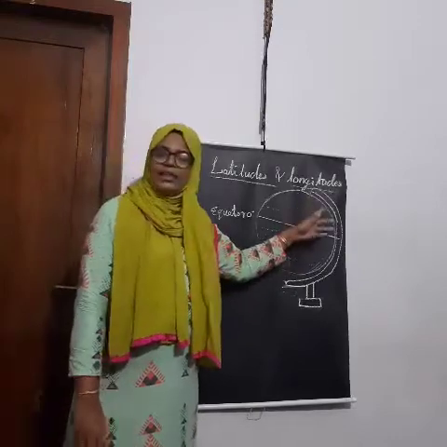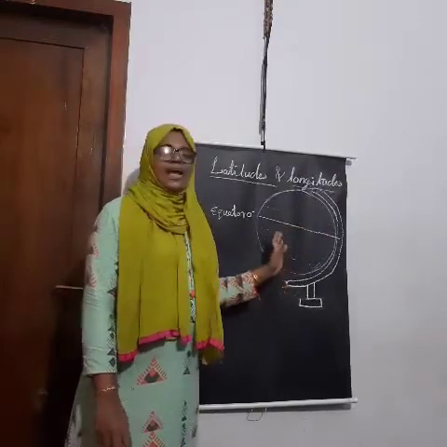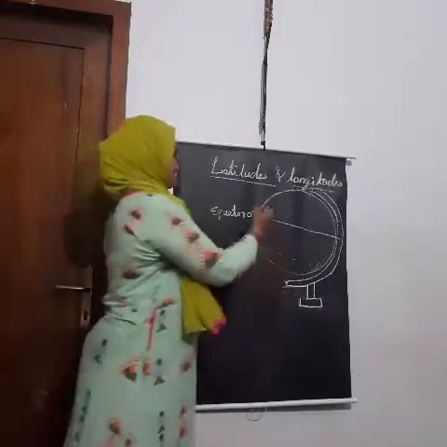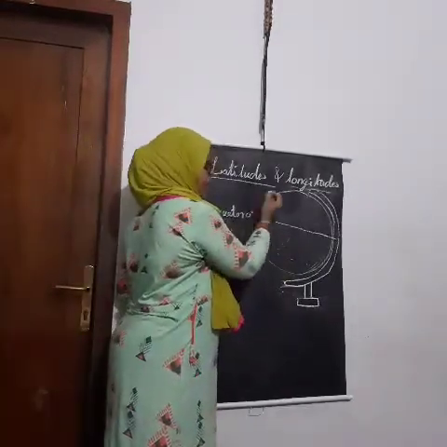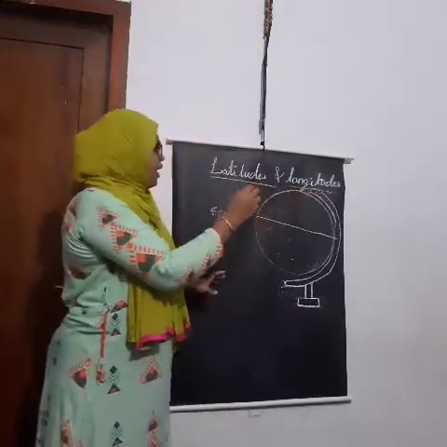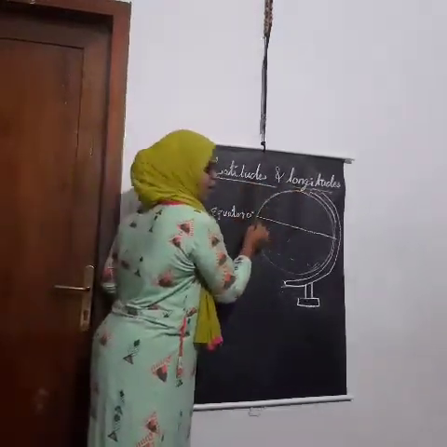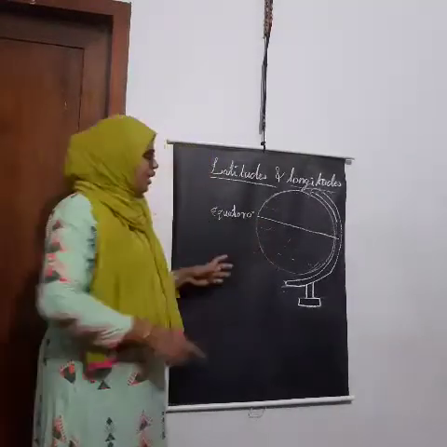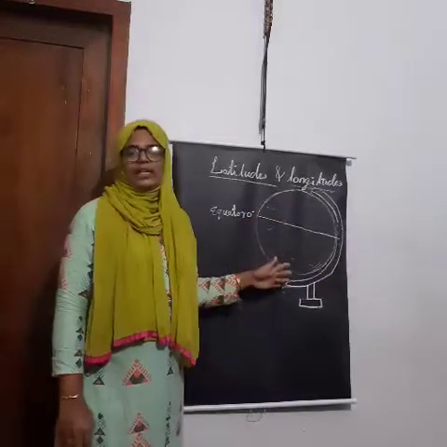In this northern hemisphere, all the latitudes are measured as a positive degree. Suppose here is 30 degree, here is 60 degree, and the last one is 90 degree like that. And here also minus 30 degree, minus 60 degree, like that. We are marking with minus in the southern area.